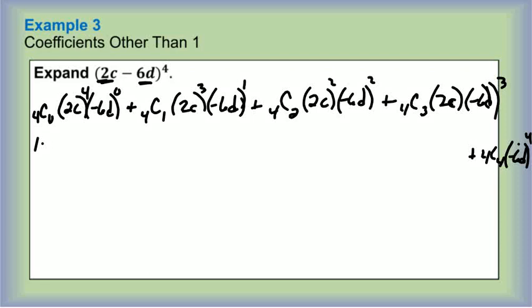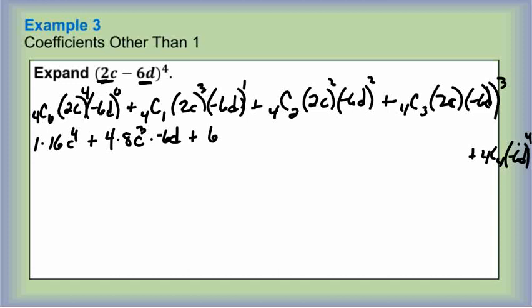So 1 times 2 to the fourth power is 16, c to the fourth, plus 4 choose 1. 4 choose 1 is 4, times 2 cubed. 2 cubed is 8, times negative 6d. Plus 4 choose 2 is 6.